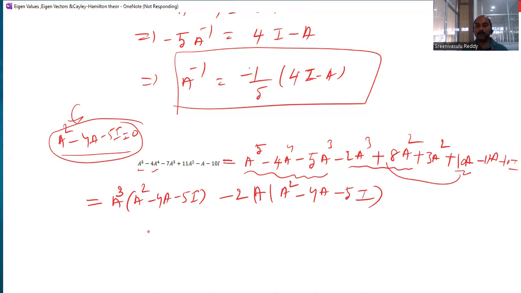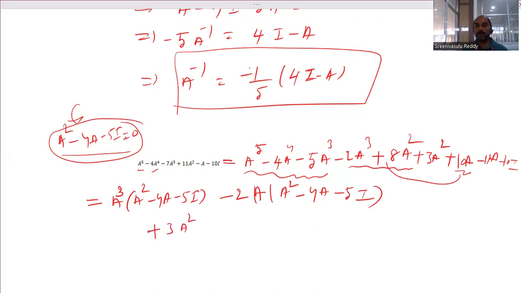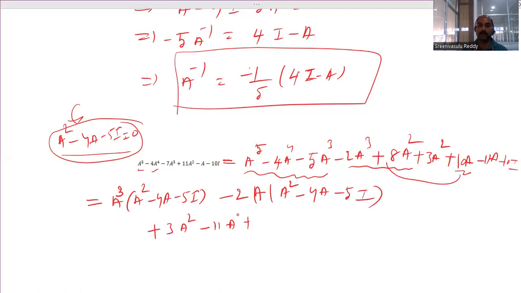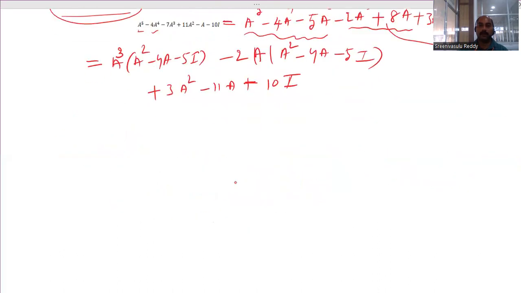So the remaining terms are 3A square, 11A, plus or minus 10I. So in the first part, A cube into 0, minus 2A into 0.